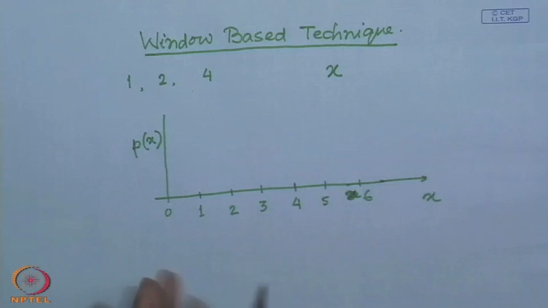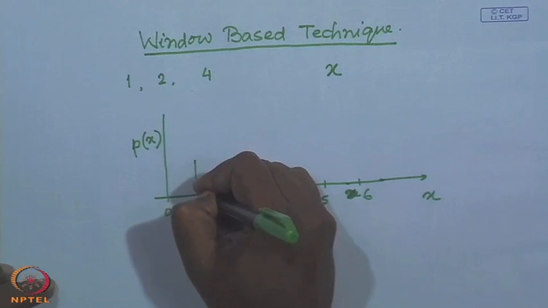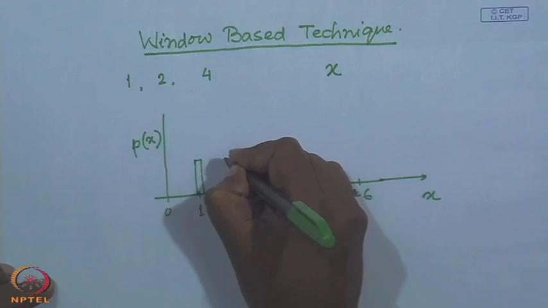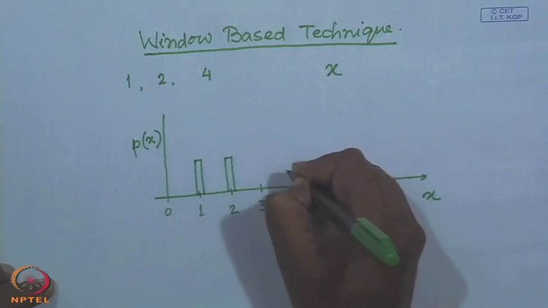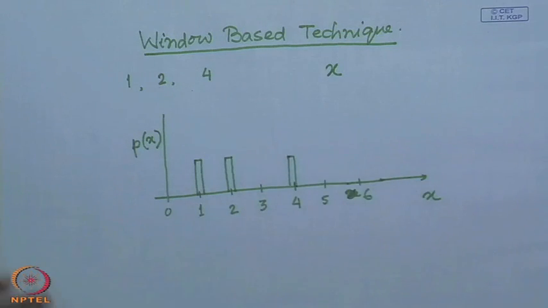And as I said, every sample is a representative of a probability density function. So, initially if I assume that the probability density function is a delta function, something like this. I have one delta function at location x equal to 1, another delta function at location x equal to 2 and another delta function at location x equal to 3.